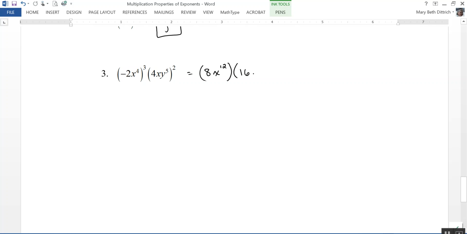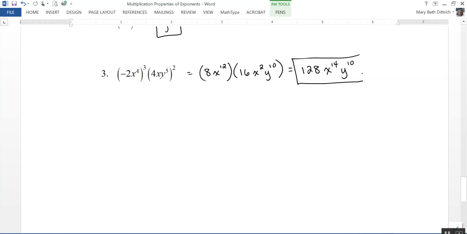And x squared, y to the fifth squared is y to the 10th. And then multiplying those, 8 times 16 gives me 128. x to the 12th times x squared is x to the 14th, and then y to the 10th.